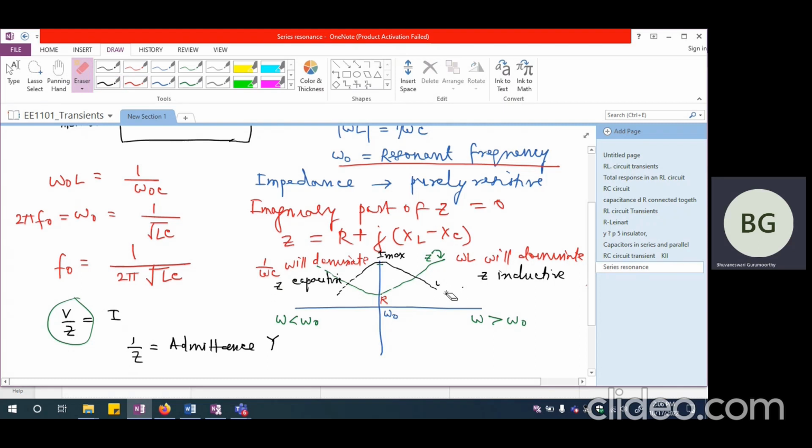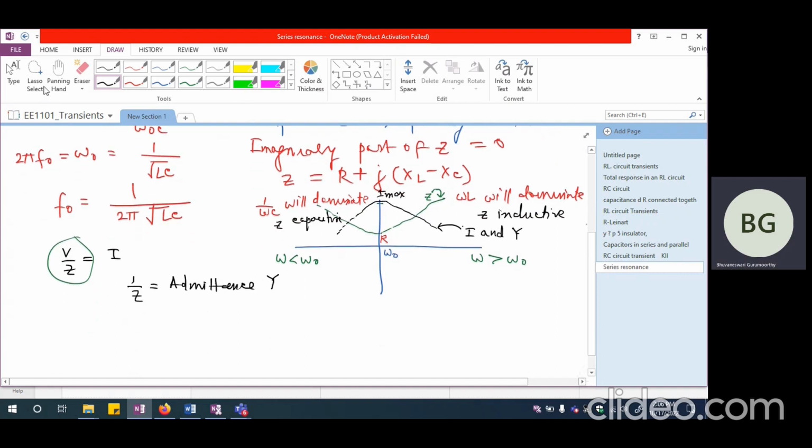So this can be the variation of both I as well as admittance. Both of them are going to reach maximum at this particular value of resonant frequency. Okay. And if I try to look at how exactly individual reactances change.